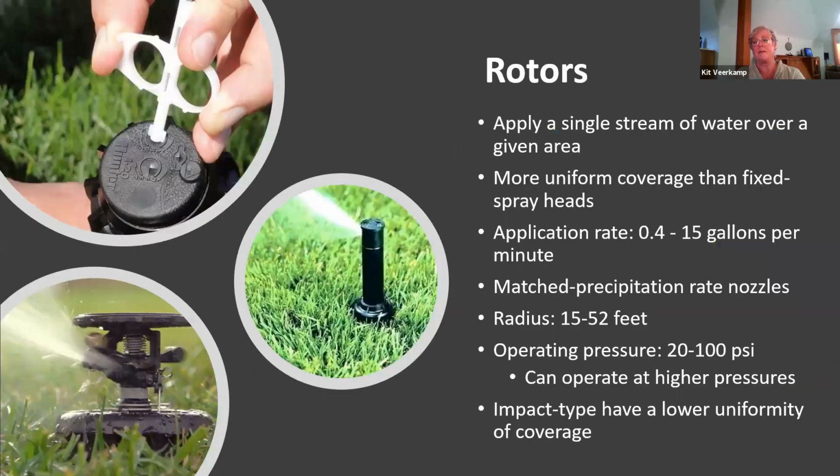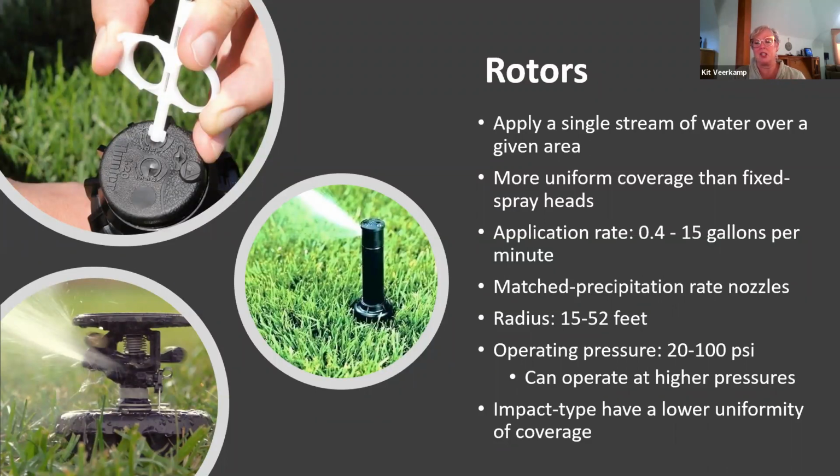And then rotors. These are for big lawn areas or large ground cover areas. And again, you can see these go up to 15 gallons a minute. Again, they have matched precipitation rate nozzles. Operating pressures here required anywhere from 20 to 100 psi.